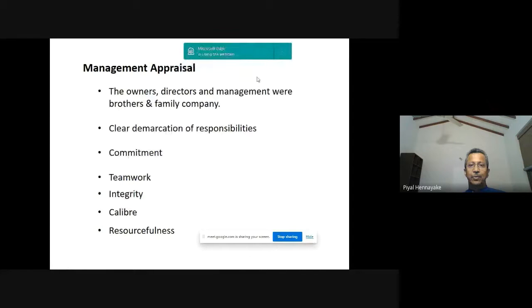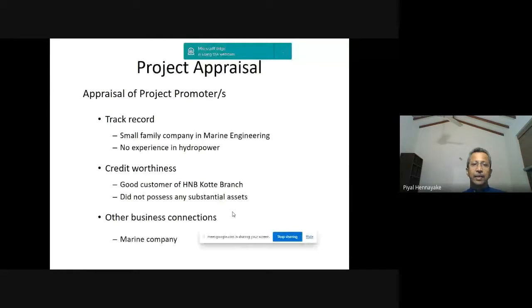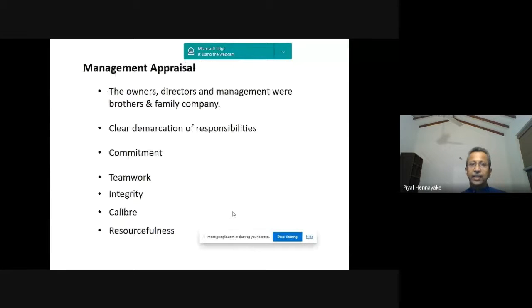So first was the appraisal of project promoters, then the management. The owners, directors and management were brothers and family companies. So they were all involved in the project. But there was clear demarcation of responsibilities.